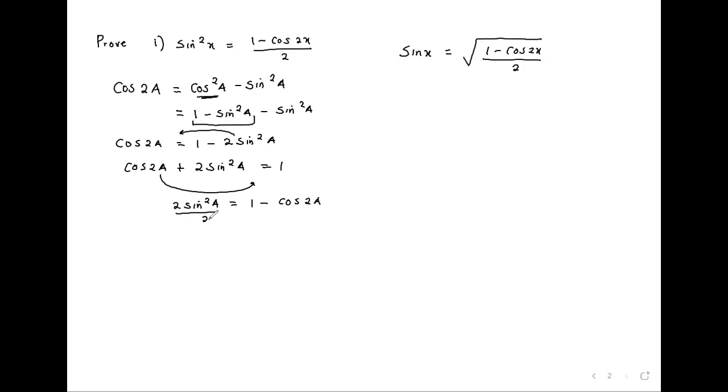Then divide by 2, divide by 2. So then we get sine squared a is 1 minus cos 2a over 2. So let a be equal to x. So we have sine squared x is 1 minus cos 2x over 2.